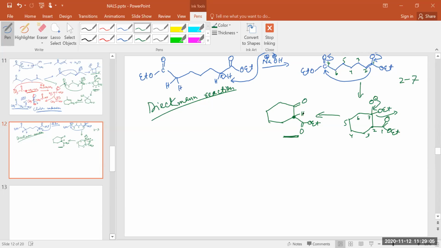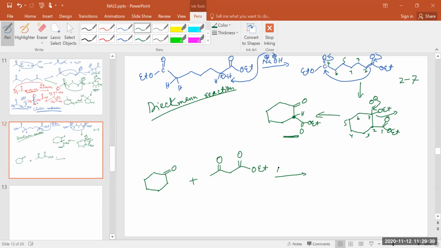So like this, I'll give you guys another example. If you have, let's say here, cyclohexanone, okay? And you take an active methylene compound. What is that active methylene compound? You take malonate or anything, okay? So here, OEt, acetoacetate.